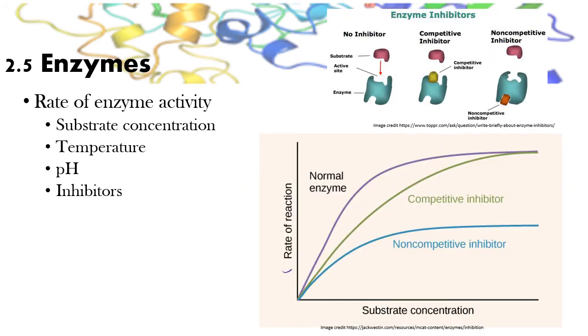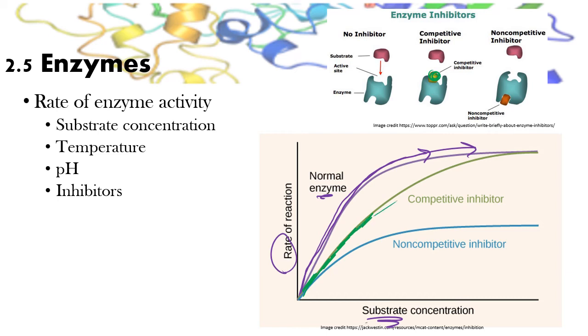So we can look at the rate of reaction and how different inhibitors will impact that rate of reaction. So if I have my normal enzyme, no inhibitors present, we're going to have that increase in the rate of reaction as we have more and more substrates, we have more and more collisions happening, and then we have that plateau. When I add in my competitive inhibitor, the rate's going to be less, less, less because those competitive inhibitors are blocking the active sites.